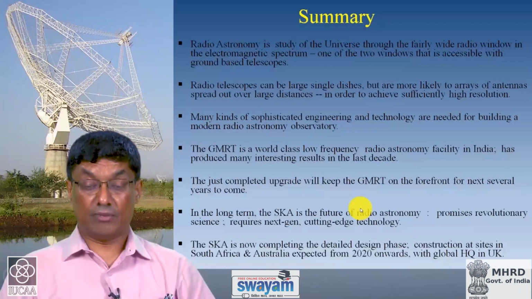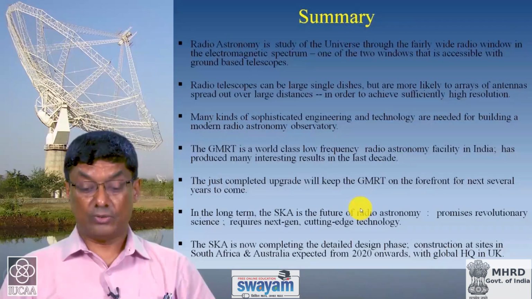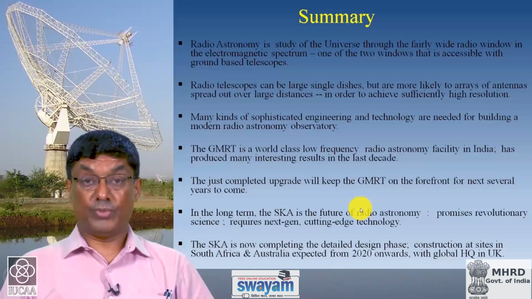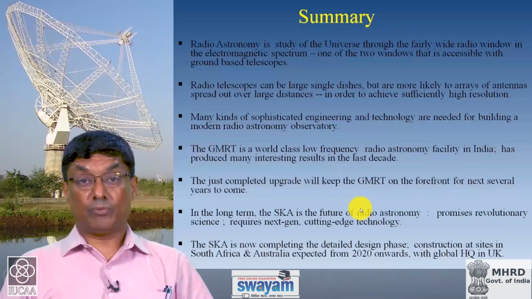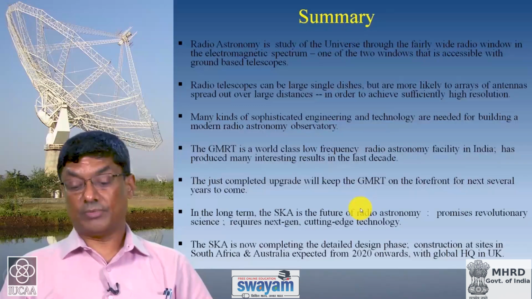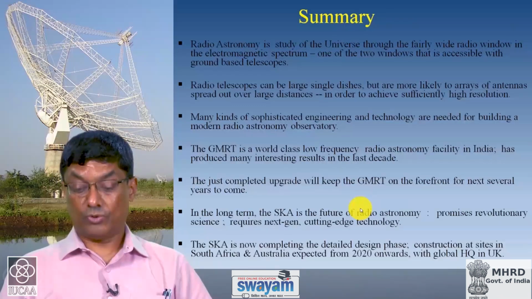And the design work for that is currently ongoing, expected to be finished by next year, 2019, and construction expected to start from 2020, and facility available for use from around 2024 or so.